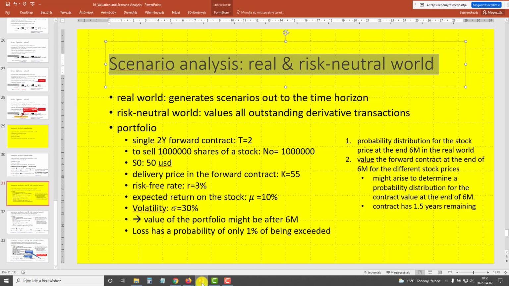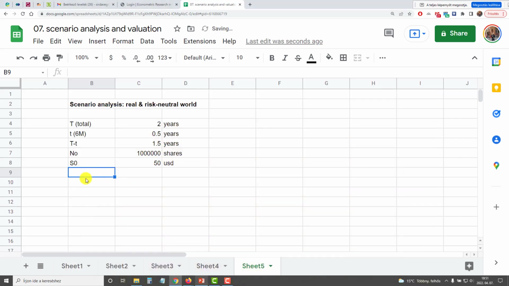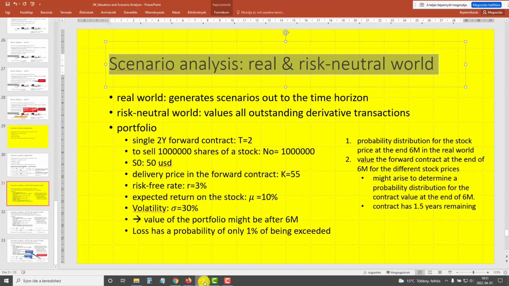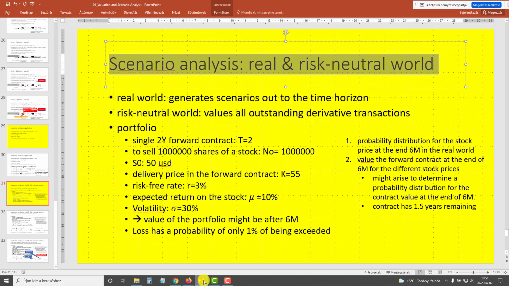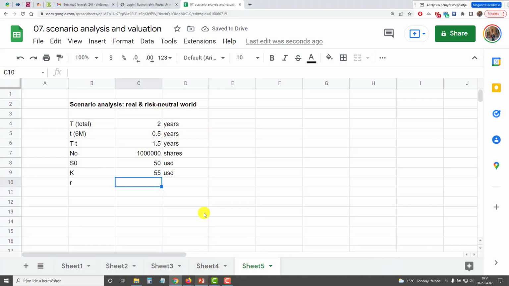Then the delivery price of the forward contract, K. And then we have all these nice things, so the risk-free rate.